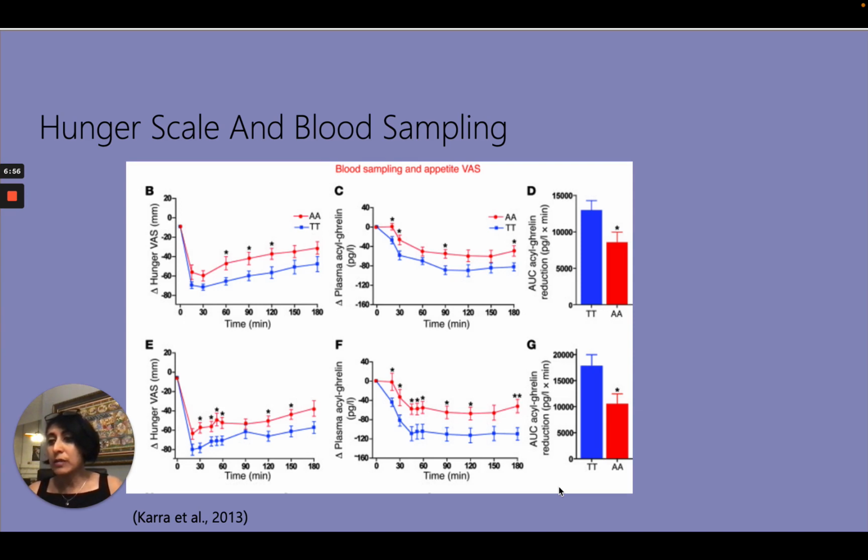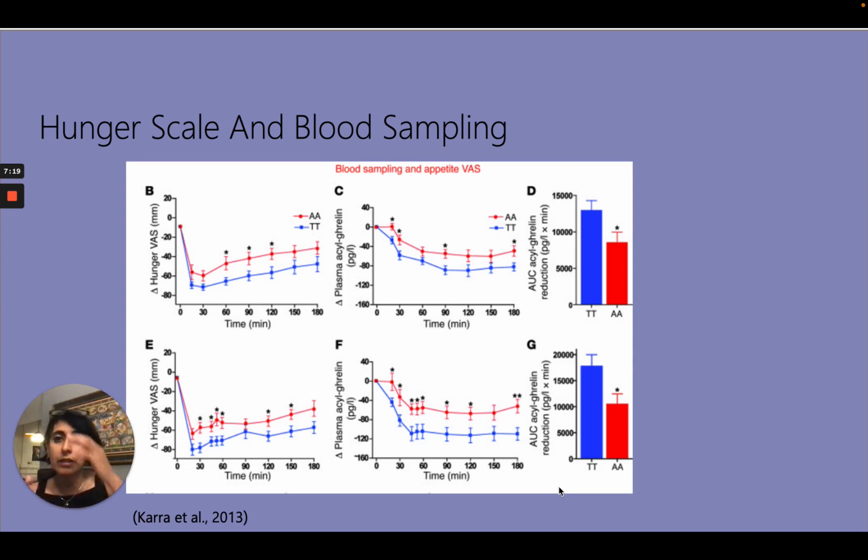So the results of the study suggest that the obesity risk variant group, which is the AA group, does not suppress ghrelin in the normal way after a meal, which leads to a change in appetite and food intake, which would be higher because their ghrelin levels are higher.